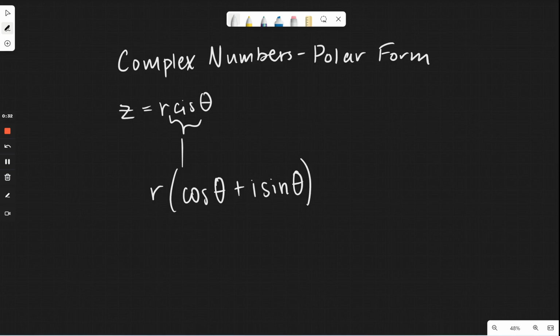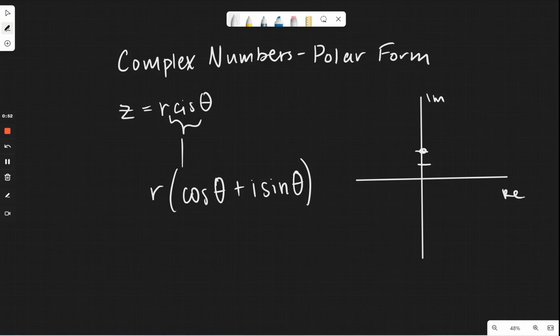We can think of this on the plane. Let's say, for example, we wanted to represent 2i. This is our imaginary axis, this is our real axis, and we want to represent the number 2i.